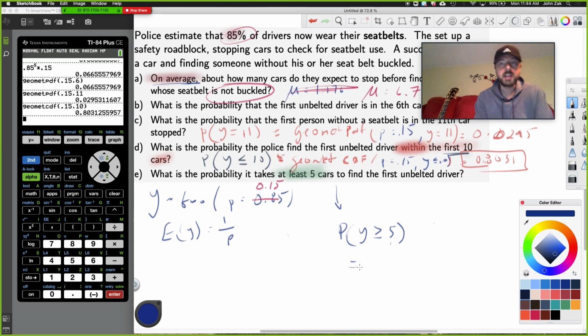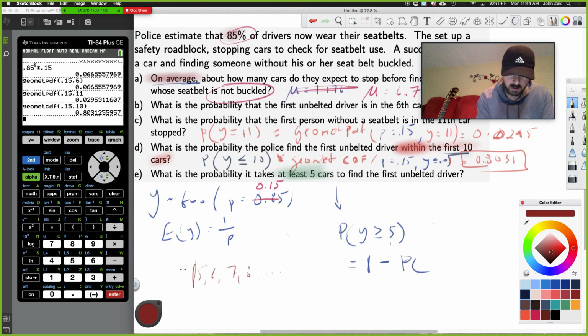And so I'm going to convert that over to a less than or equal to statement. So that'll be 1 minus the probability of some less than or equal to. If you want to take a second and think about it, at least 5 would be like 5, 6, 7, 8, all the way up to potentially infinity. So what isn't it?